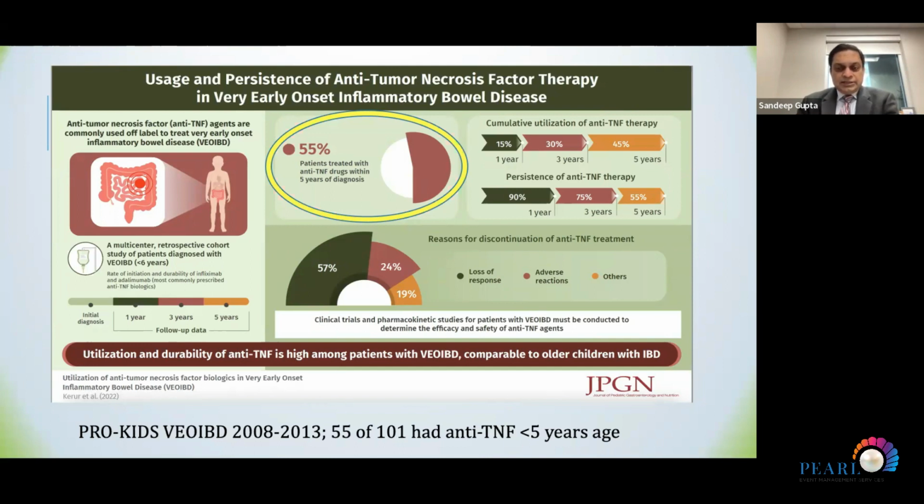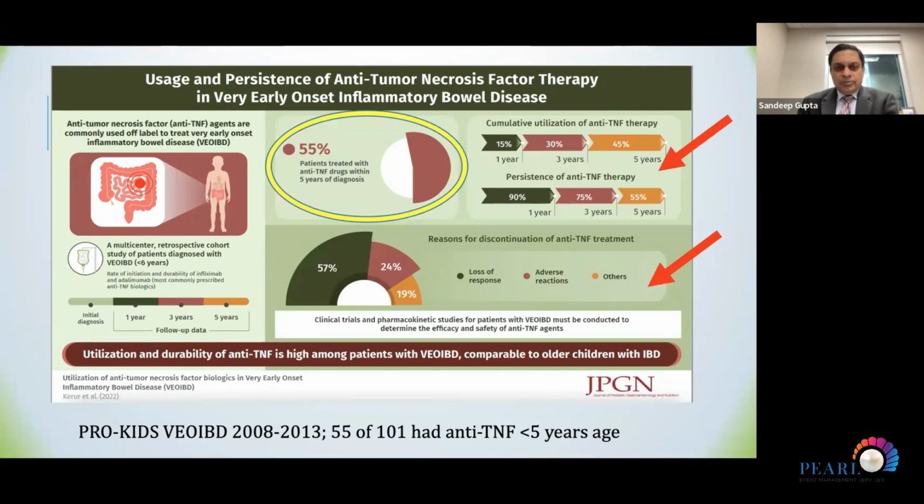What they found was data similar to the adult or the older child data, where at 5 years after starting TNF therapy, about 55% were continuing to be on anti-TNF therapy, and those that discontinued it did it for reasons similar to older children, such as loss of response or adverse reaction.